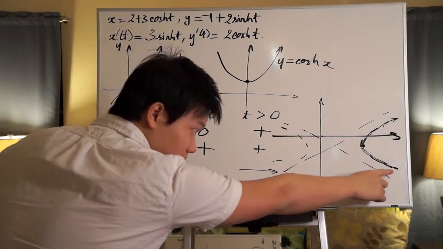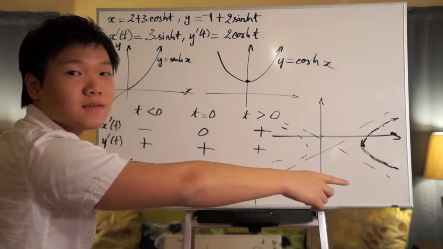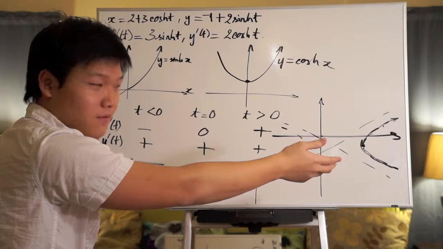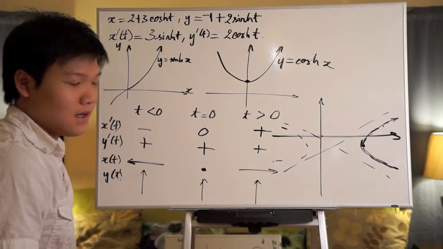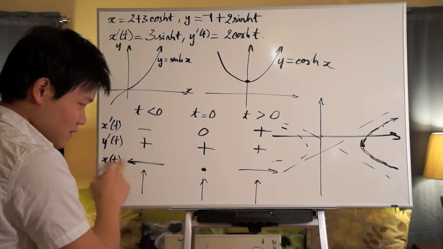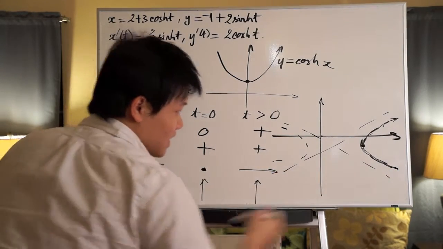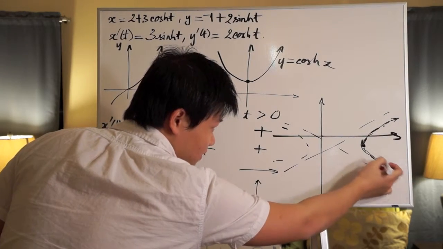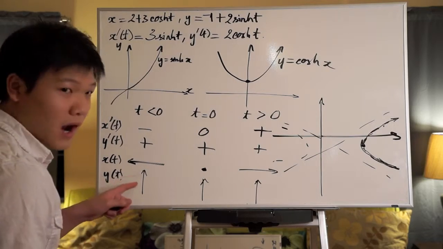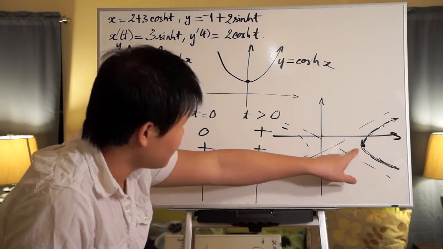If you start from some point over here, with t, for example, minus 2, then t minus 1, then t equal to minus 1/2, and t minus 1/4, something like that, x is going to the left. So it matches. So it starts somewhere here, going to the left. So you keep going to the left like this, and what does y do? Y is going up, right? So it keeps going up like this.